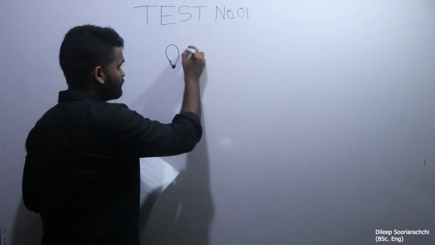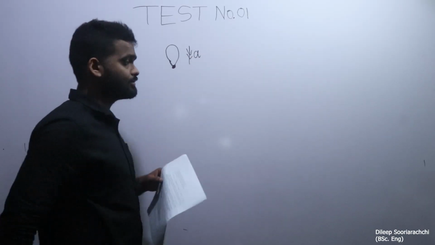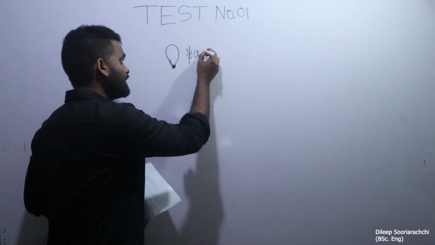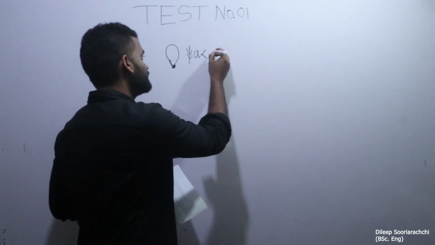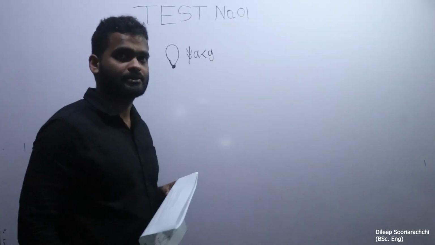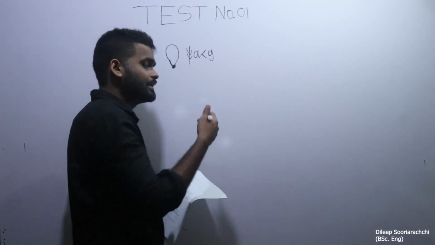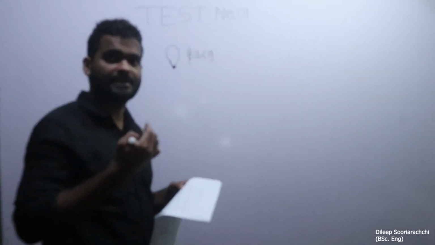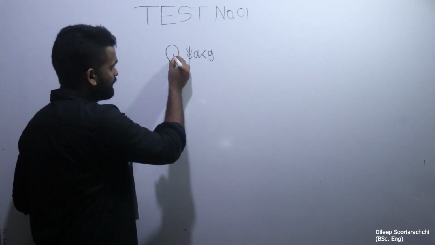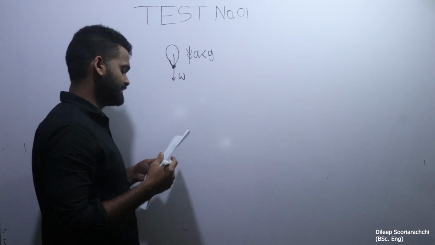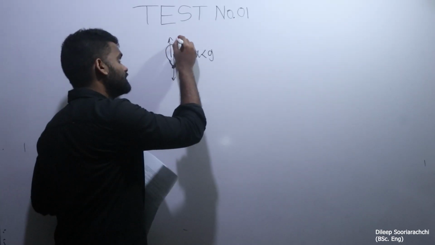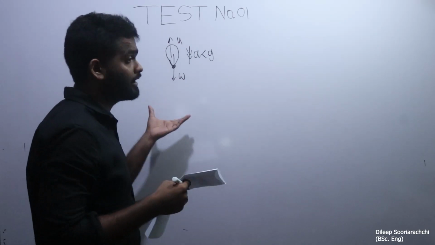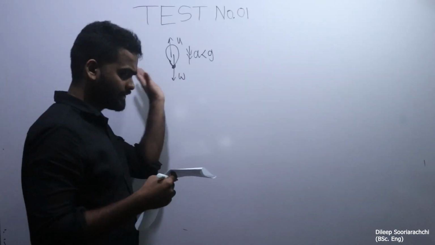They say that it moves down with acceleration a, and this a is less than the gravitational acceleration. So that acceleration could be something like 5, it should be less than 10. Then the weight of the balloon, they say that it is W. Then there's an upthrust acting on the balloon by the air as well. So this is the first case.